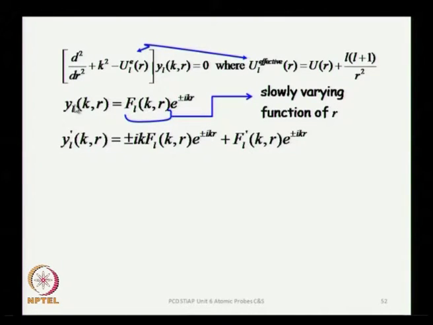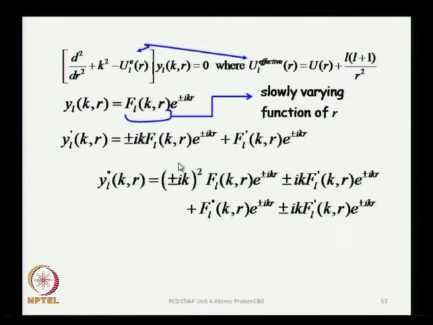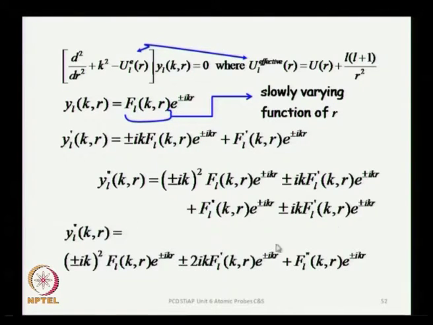You can take its first derivative, the derivative of a product of these two functions, so it is plus or minus ik f times e to the plus or minus ikr, and then you have the derivative of f. Similarly you take the second derivative and you have two terms which are similar, so you can add them together, and after adding these two terms you have plus or minus twice ik f prime, and these are the three terms that you get for your y double prime.